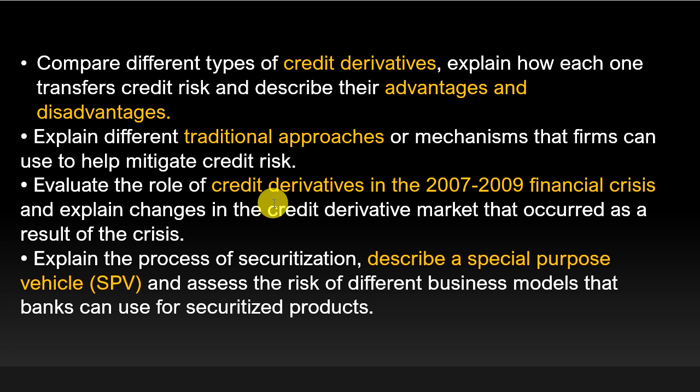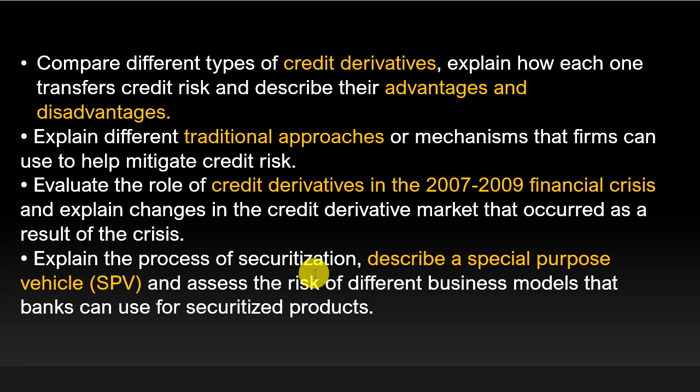We will discuss also how credit derivatives contributed to the 2007-2009 financial crisis and some of the changes that took place in the credit derivative market after the crisis. And finally, we will look at the securitization process and describe a special purpose vehicle.